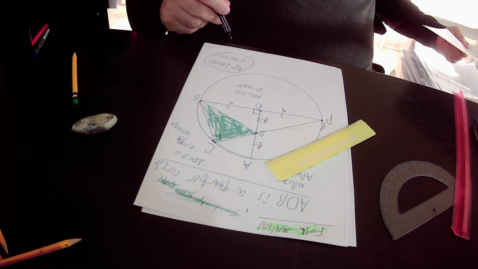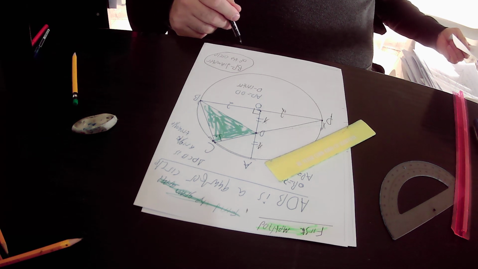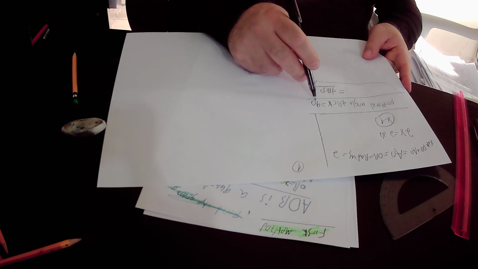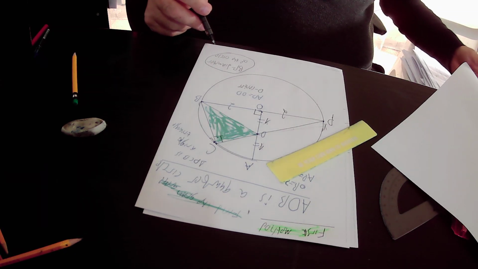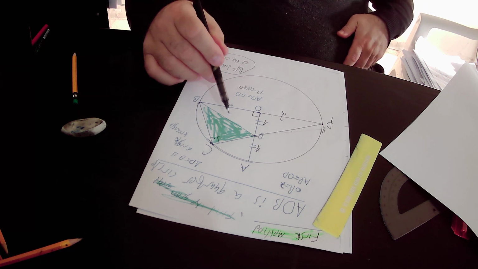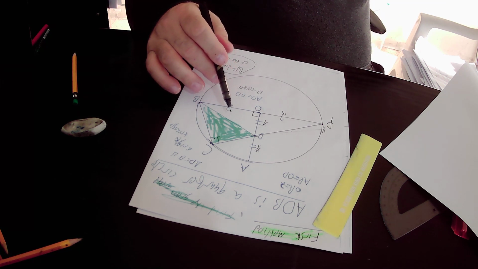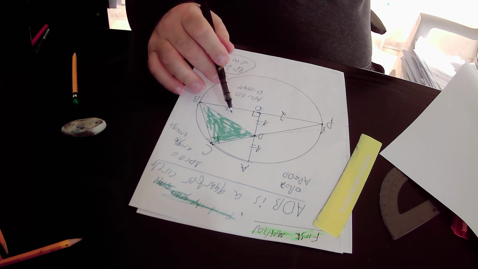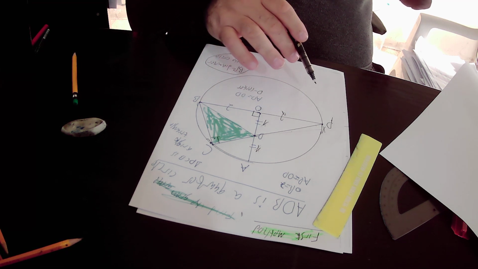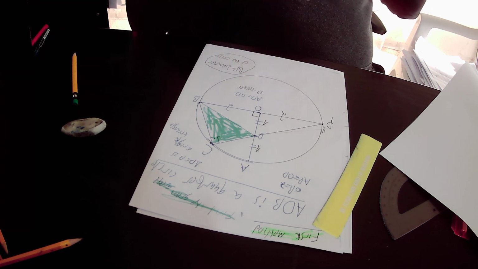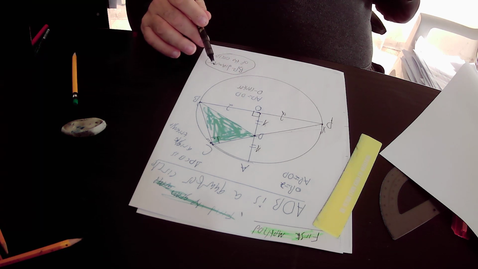Okay? So we can conclude from it that when we extend side CD by a straight line, it must touch the circle at point P and only at point P, otherwise we'll get a contradiction here. Okay?